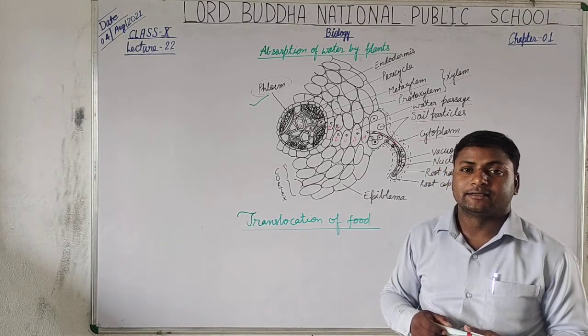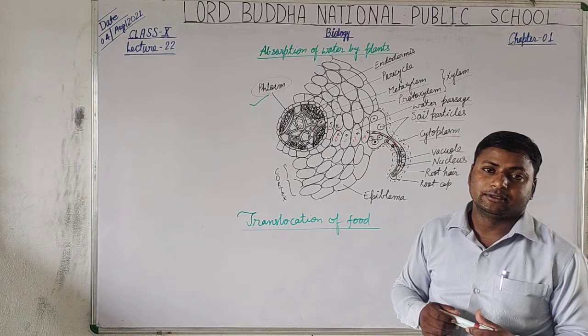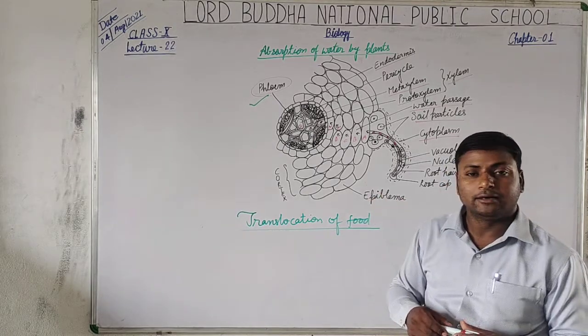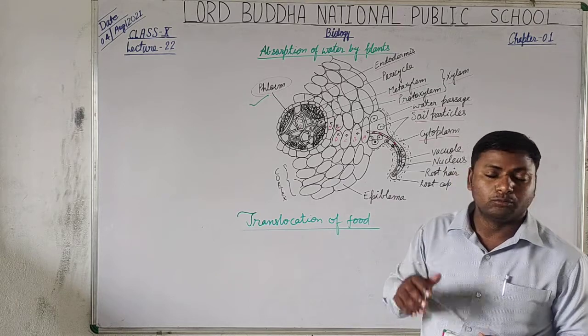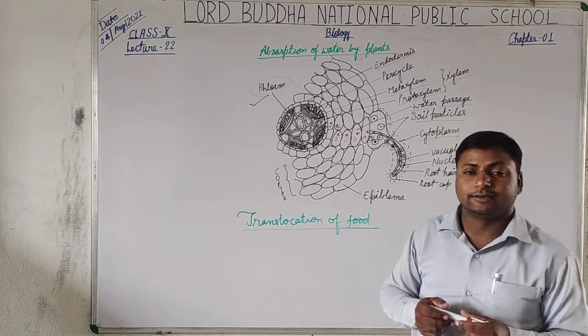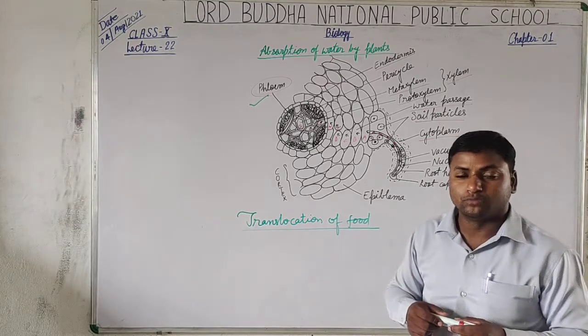These tracheids work just like valves that do not allow the downward movement of water, and this is also called the cohesion effect or cohesion force.